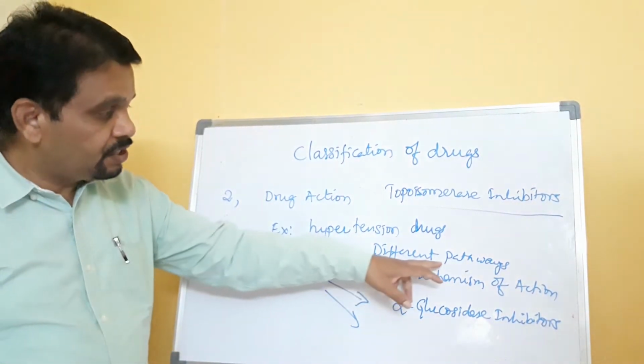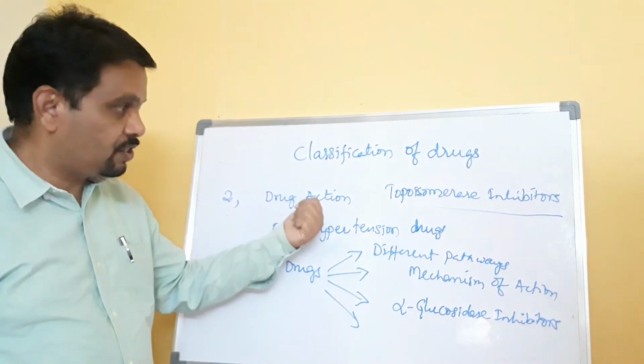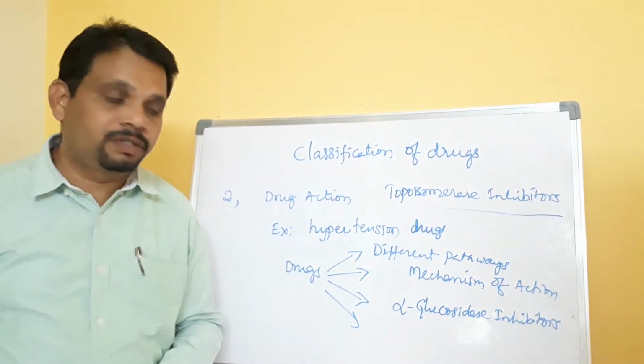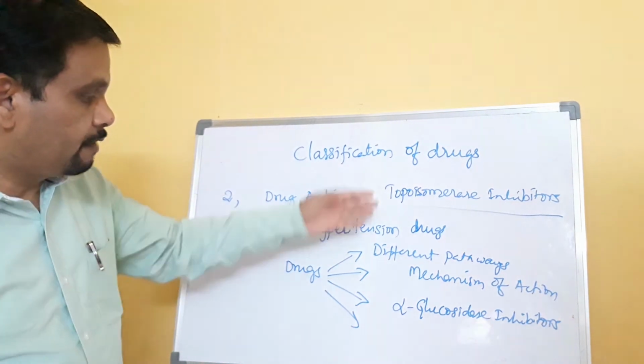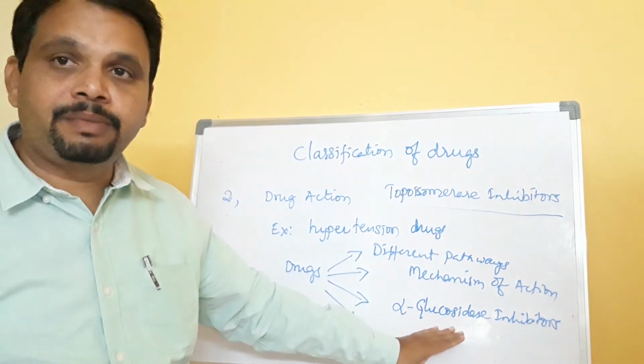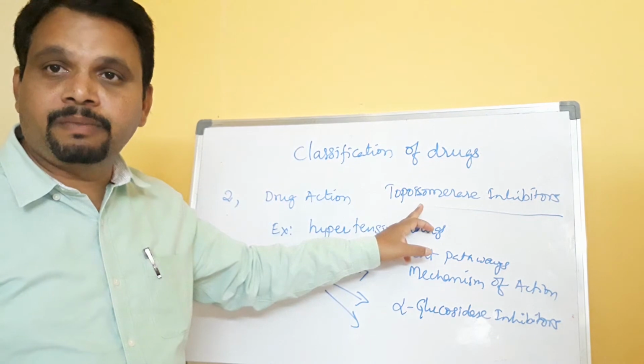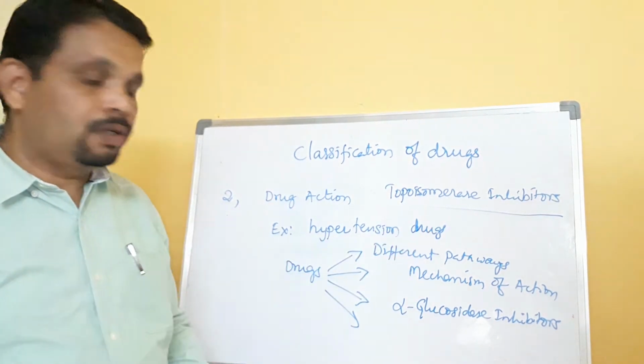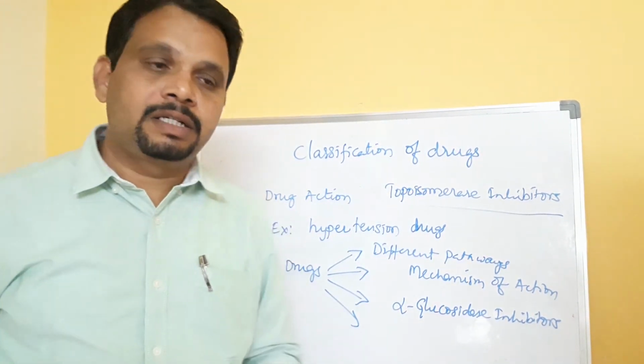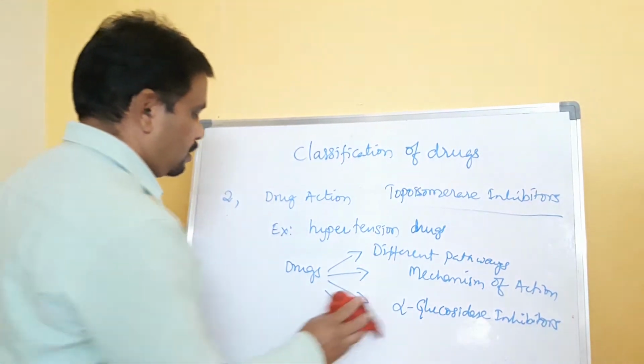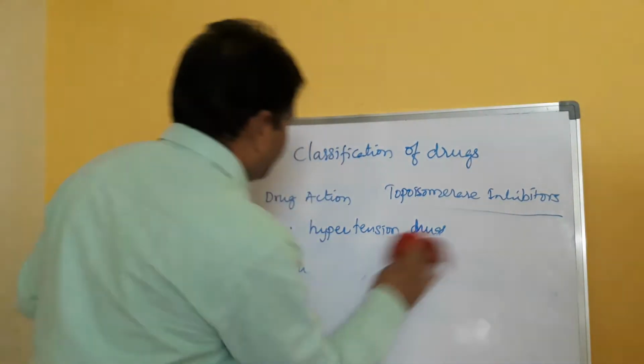On the basis of mechanism of action, we can classify drugs into different categories, for example alpha glucosidase inhibitors and topoisomerase inhibitors.